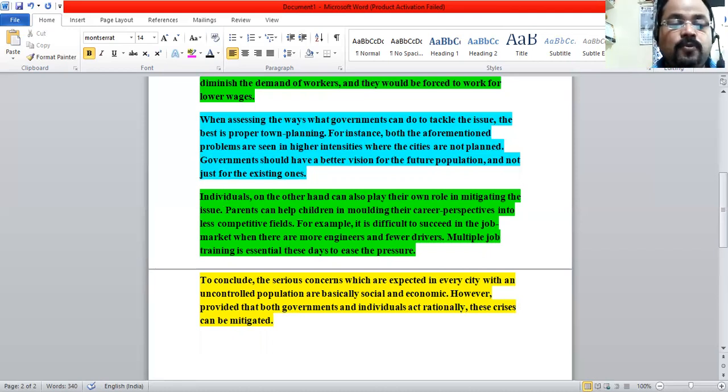So this is what we have said. The crises are basically social and economic, and can be solved to a great extent if both governments and individuals act wisely.